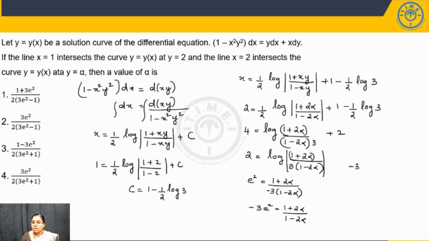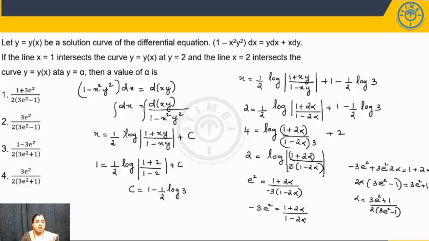So we have minus 3e square minus of minus, so plus 3e square into 2 alpha equal to 1 plus 2 alpha. So 2 alpha into 3e square minus 1 equal to 3e square plus 1. So we have alpha is equal to 3e square plus 1 divided by 2 into 3e square minus 1.